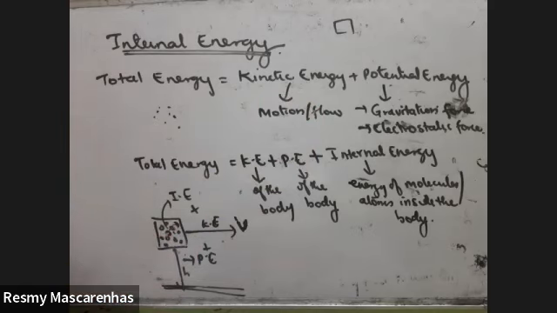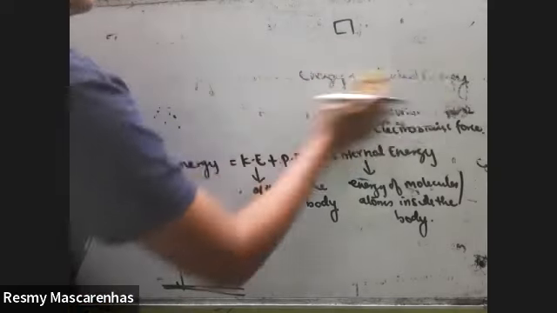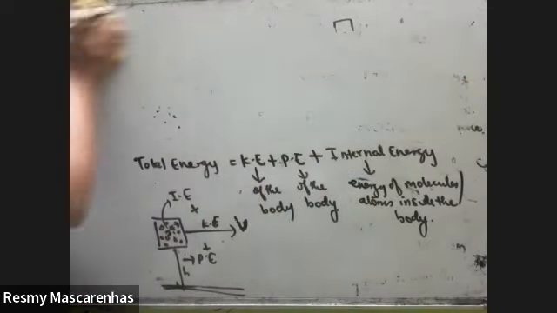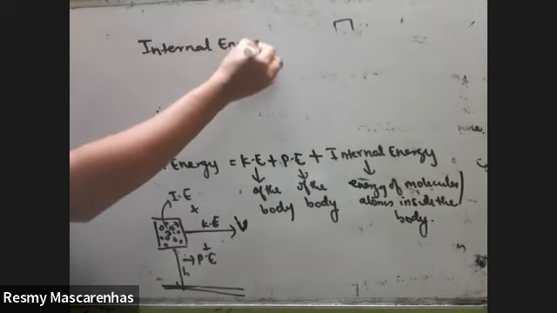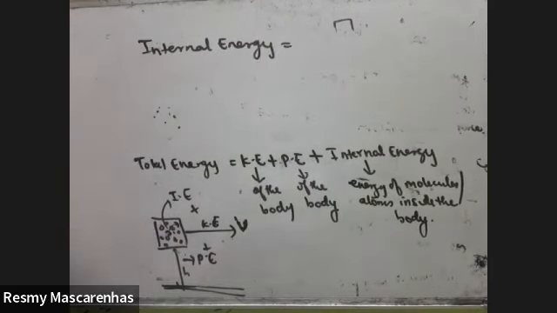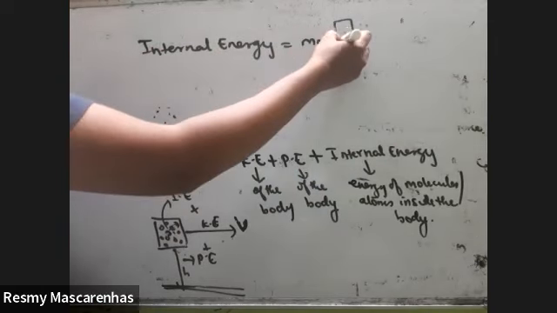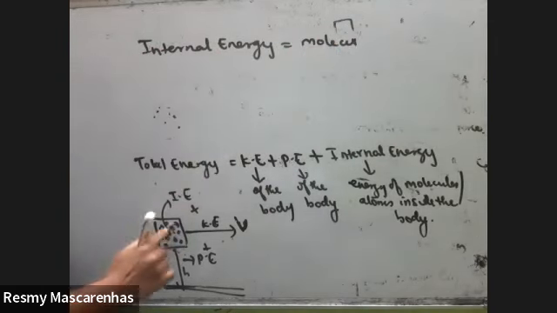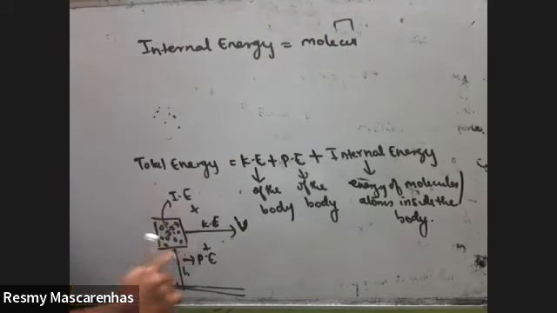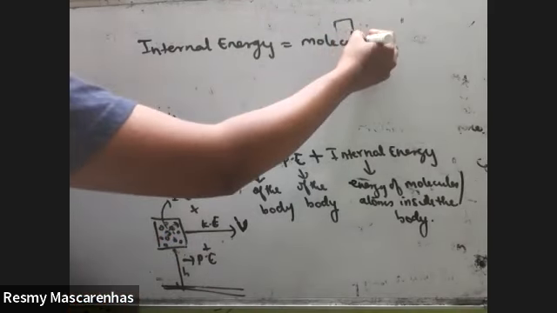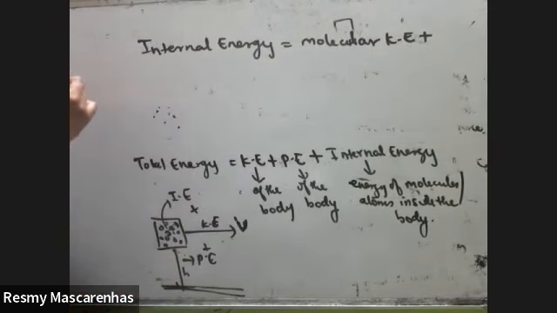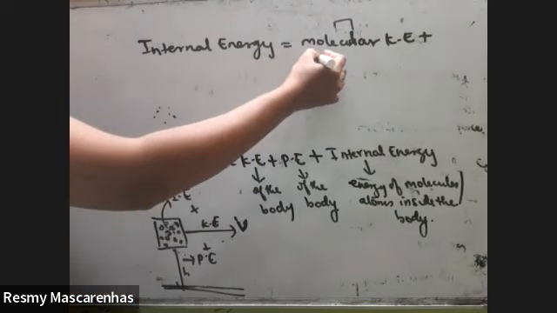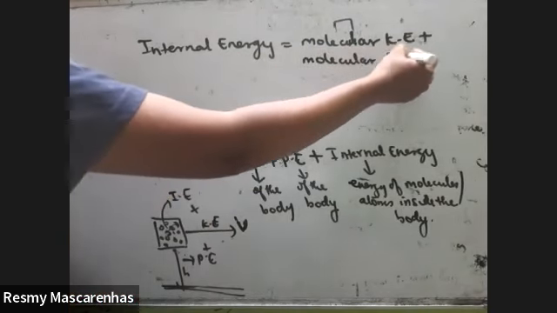So internal energy can also be written as the sum of molecular kinetic energy, and I'm mentioning the word molecular because I'm talking about the molecules, not the box, plus molecular potential energy.